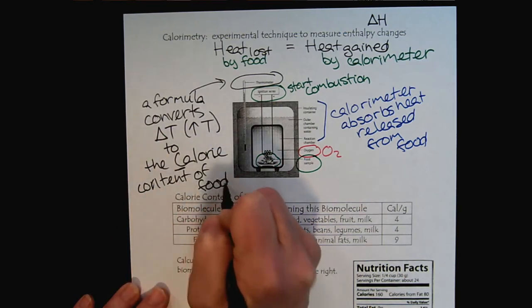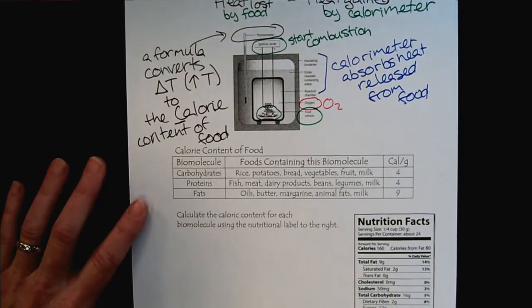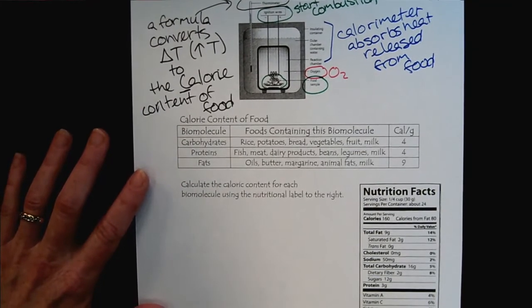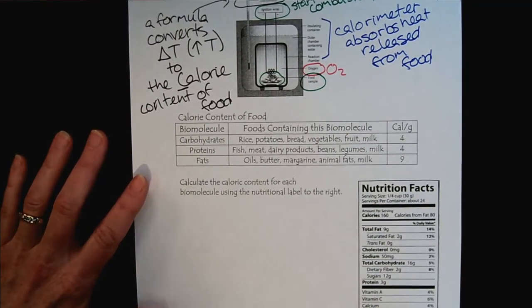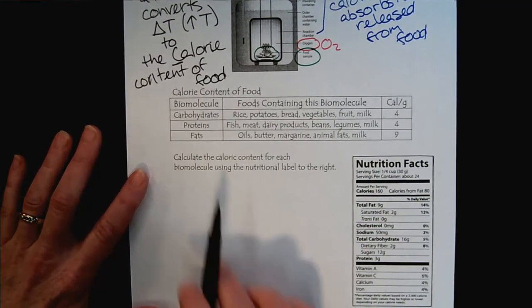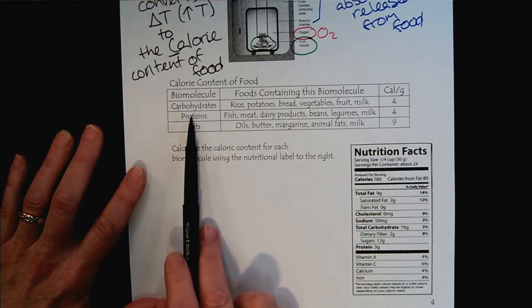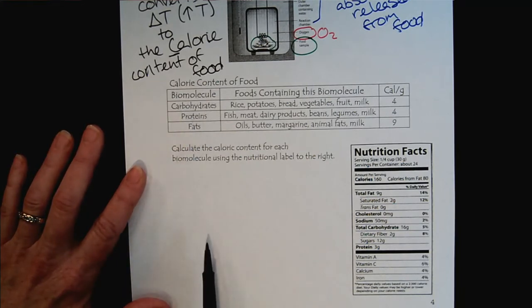And so this, of course, is a subject that has been studied to a great detail. And so what have we learned about food? Well, as we go through the course, we're going to recognize that food is comprised of basically 3 biomolecules: carbohydrates, proteins, and fats. And here's some examples of where we would find those.